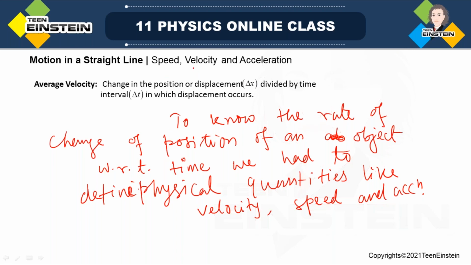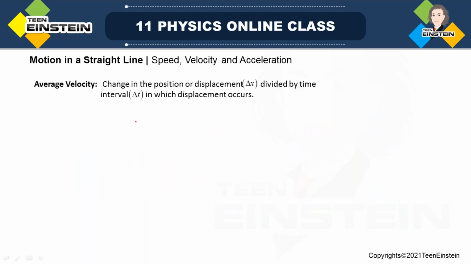Okay, so now we'll see, even in velocity there are subtle differences, like average velocity and instantaneous velocity. Now we'll look at what the average velocity is. Average velocity is defined as the change in position or displacement divided by the time interval in which this displacement occurs.